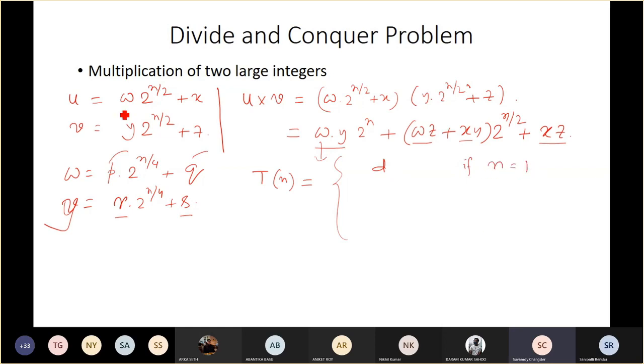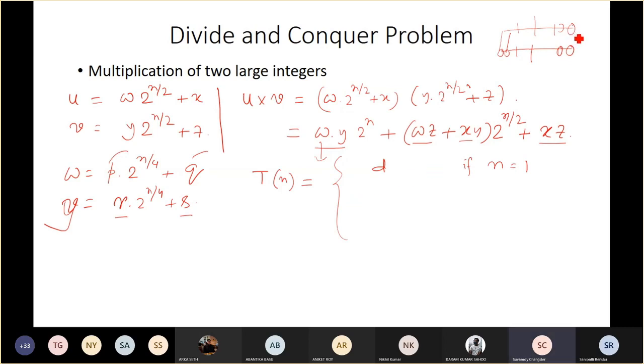That means first we will divide all these sub-problems into n by 2, n by 2, then n by 4, n by 4, and so on till we reach 1, 1. And then we multiply each with the other one. So this digit will be multiplied with this one, this digit with this, and we will get the sum of all these later.